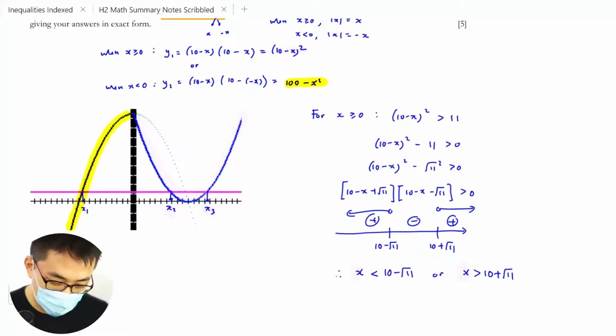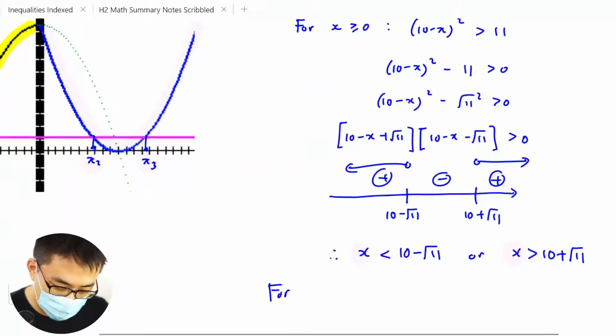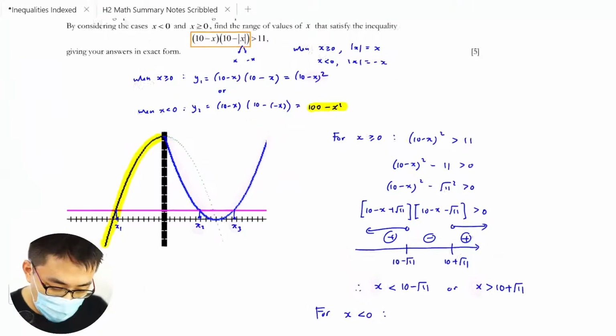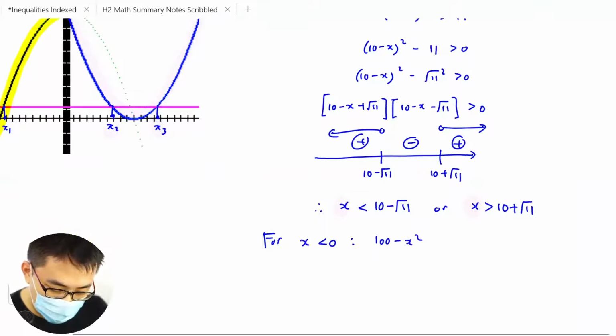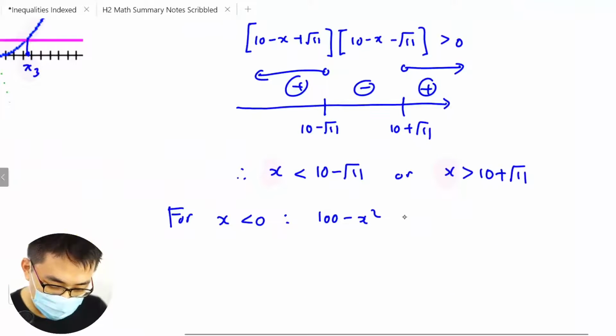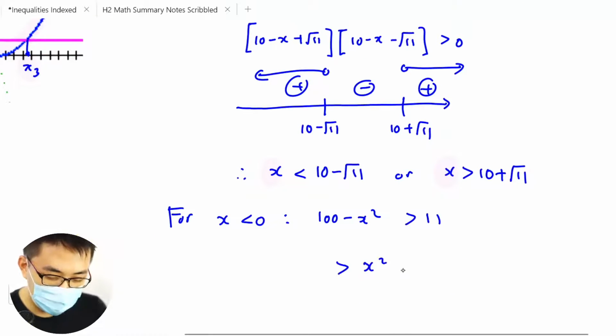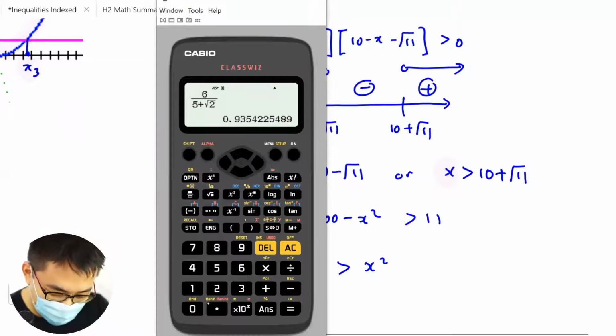Then you can do it for x less than 0. It will reduce to 100 minus x squared more than 11. This question, I know lah. Try, try your best, people. It's not fun, I know.